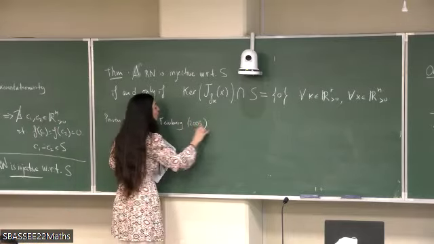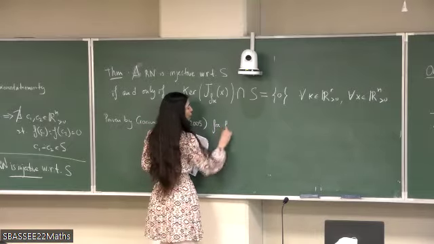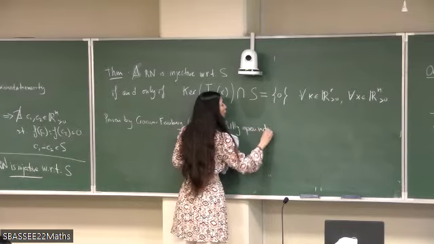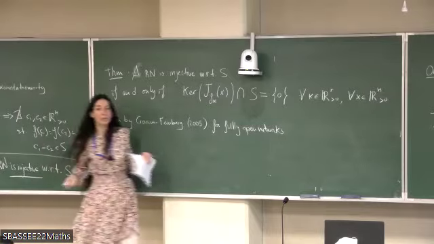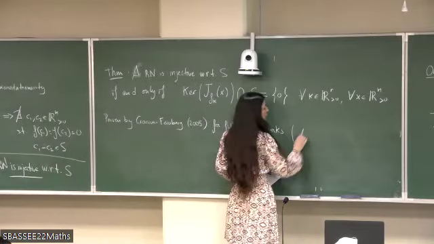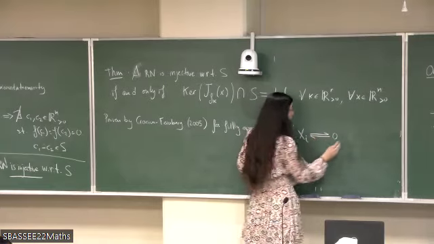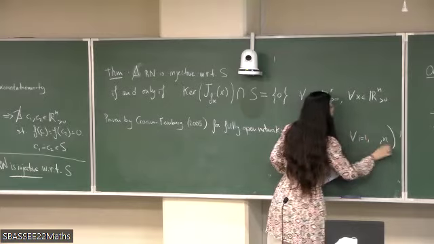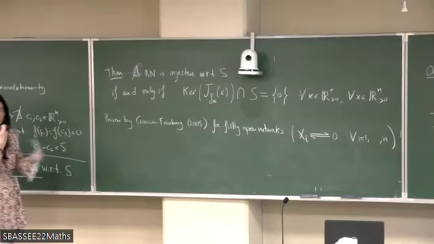There are many references about related things, but I think they prove them for fully open networks. Fully open means we always have all species coming in and getting out.